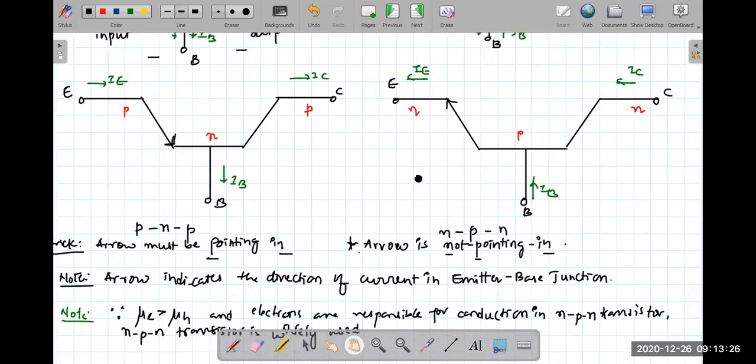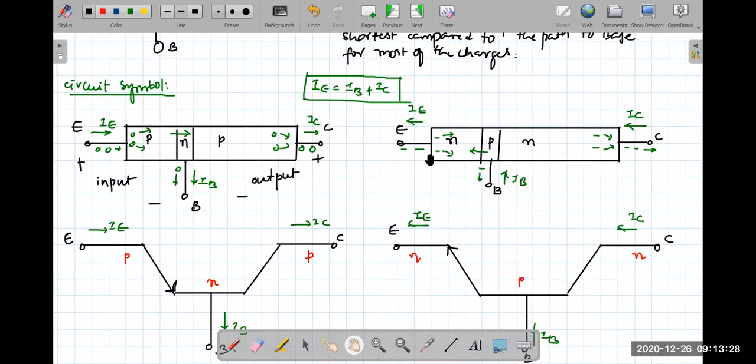The only difference is the direction of currents, but the relations, everything will remain the same. Whatever relations we are going to make in the future, nothing will change. The only thing that will change is the direction of current.